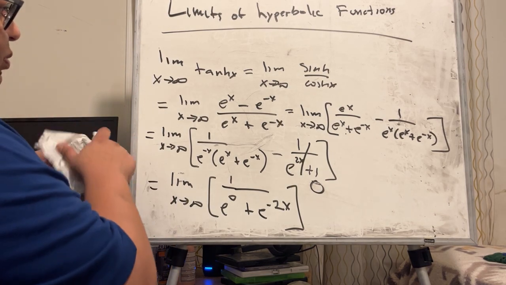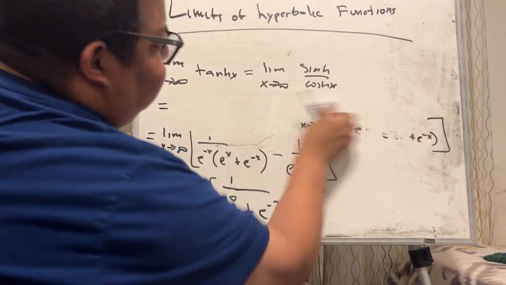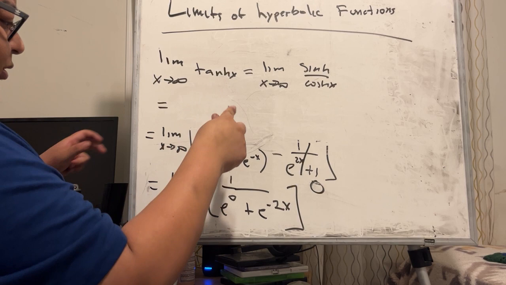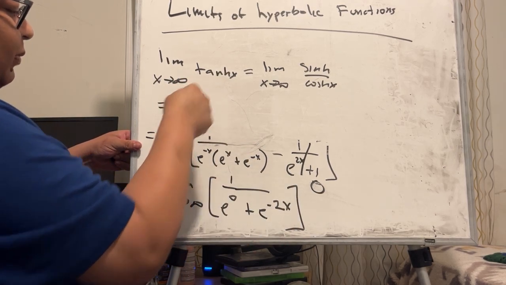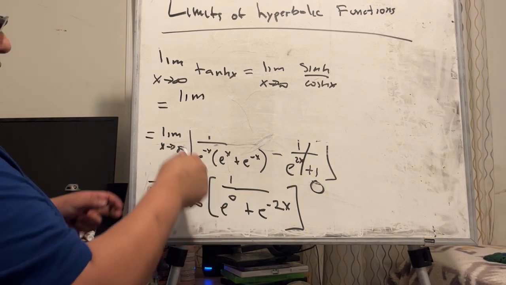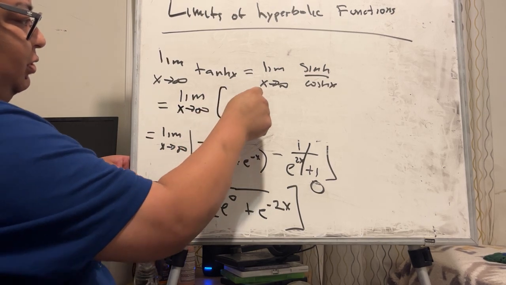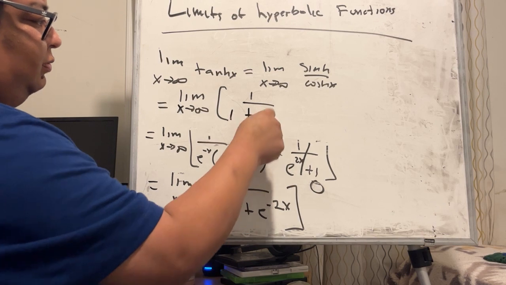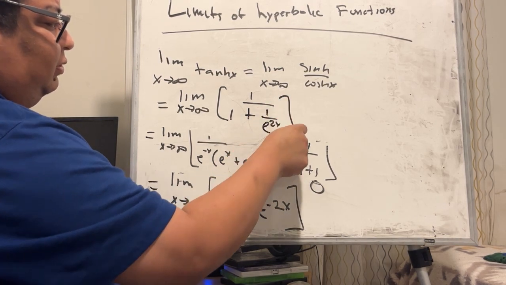Okay, so let's make some space and let's start from here. So we started here, so then this limit becomes, e to the 0 is just 1, and then we can change this to 1 over e to the 2x.